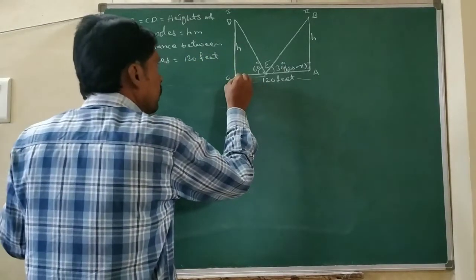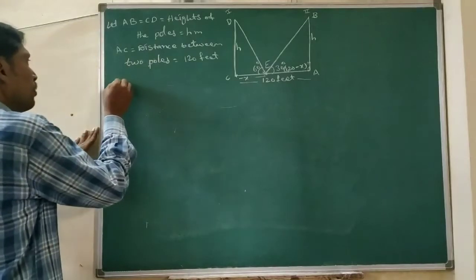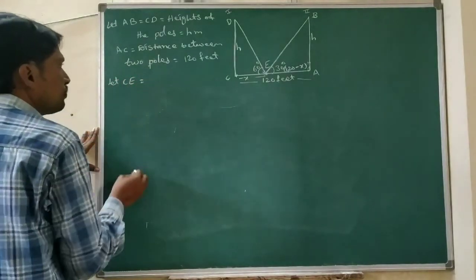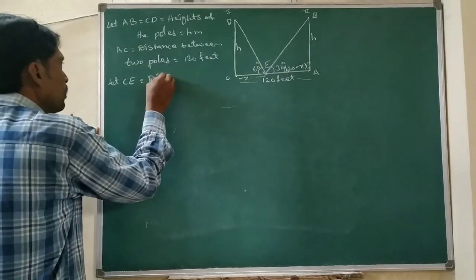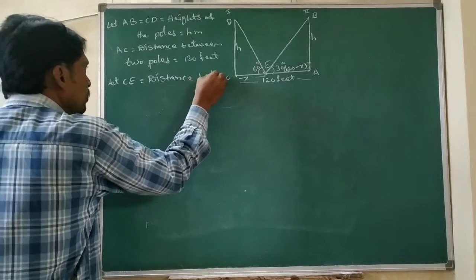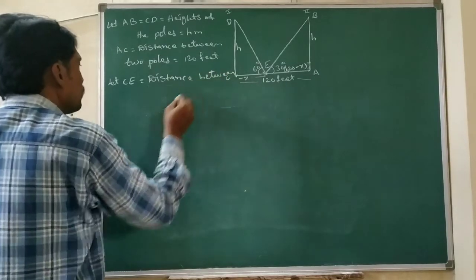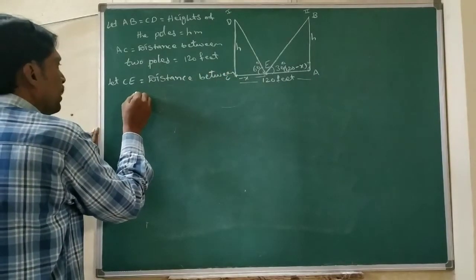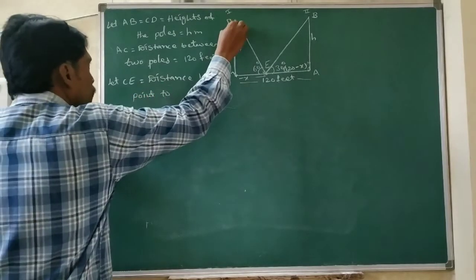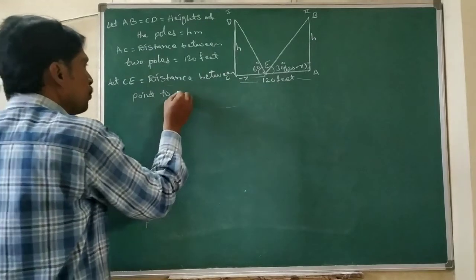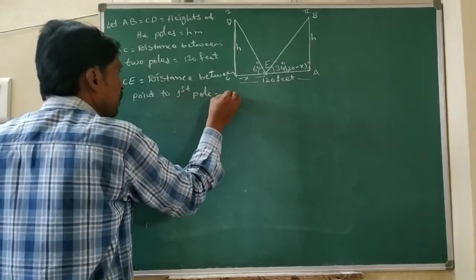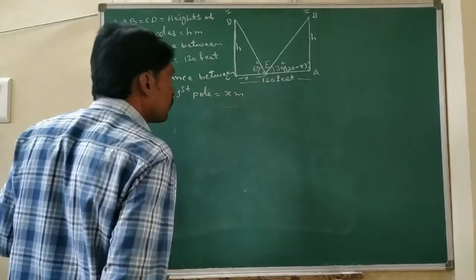Now this CE I am taking. Let CE equal the distance between the point and the first pole, that is x feet.